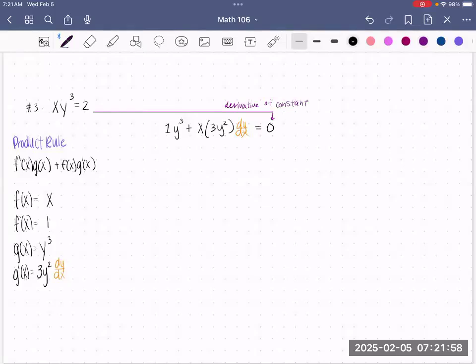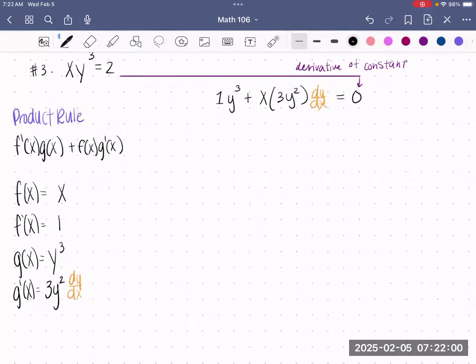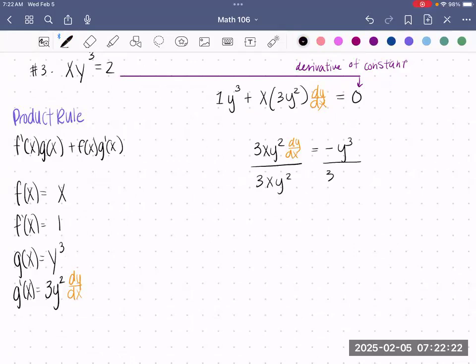Okay. So now let's go ahead and solve for dy dx. Let's bring over your y to the other side. Let's go ahead and divide by 3xy squared to the other side.